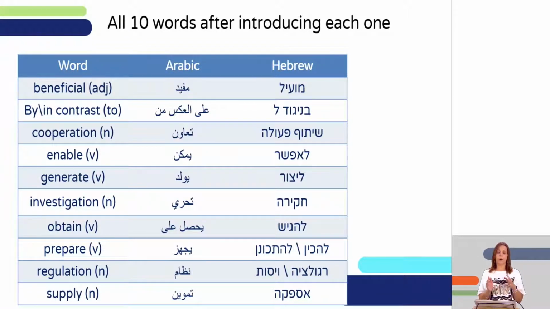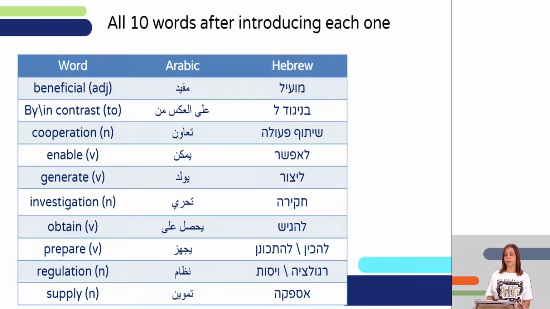You can go over them, and if you want, you can memorize them. So it's very important to memorize these words because you will be able then to use them in your speech, in your writing, in your reading. So enriching your vocabulary is something very, very important for language empowerment, okay?